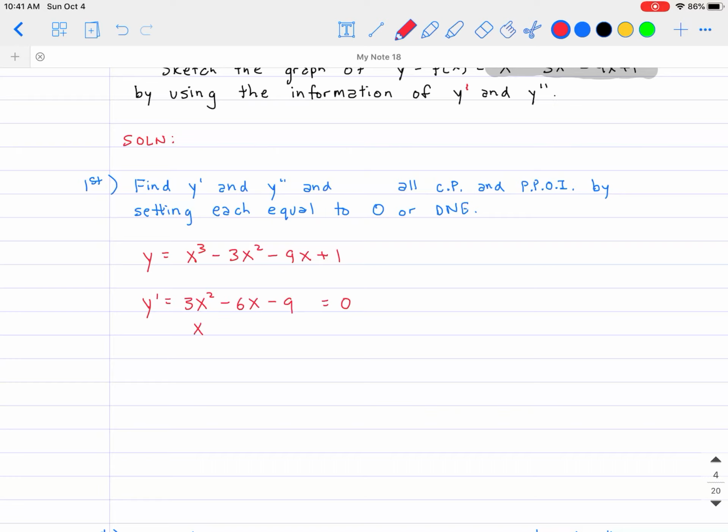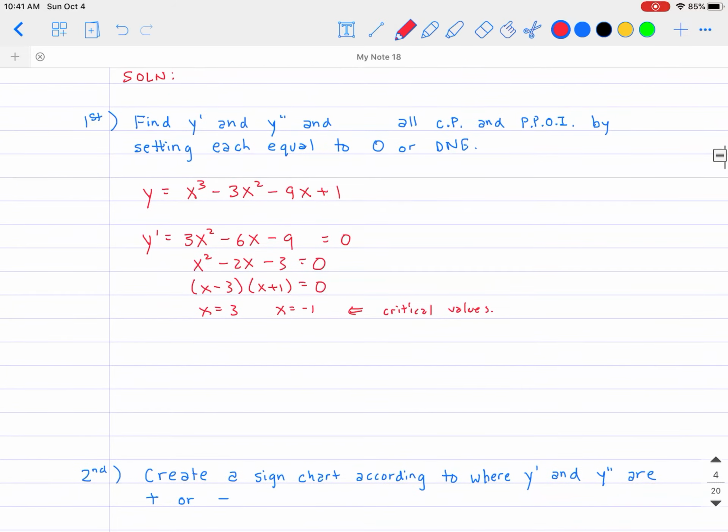So taking this quadratic and setting it equal to 0, first I'm going to divide everything by 3. So x squared minus 2x minus 3 is equal to 0. So x minus 3 multiplied by x plus 1 is equal to 0. So we have critical points at x equals 3 and x equals negative 1. So right there, those are our critical values.